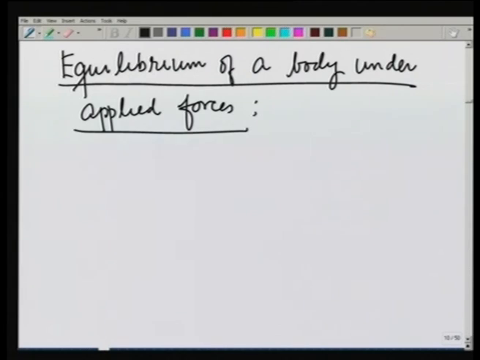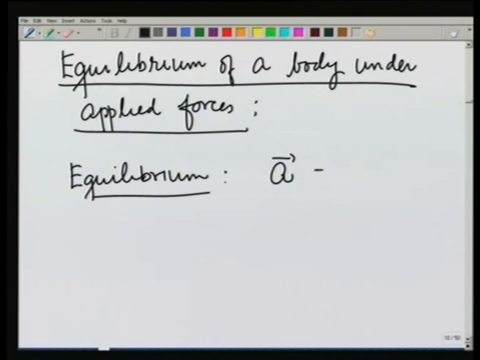As I said in my previous lecture, by equilibrium, in general we would mean that the acceleration is 0, but here we would also mean that the body is static.